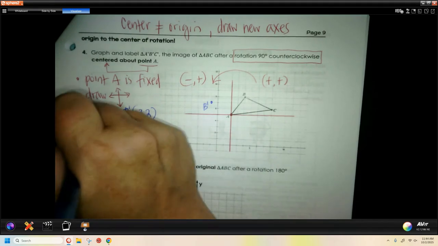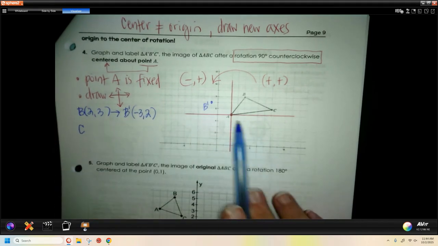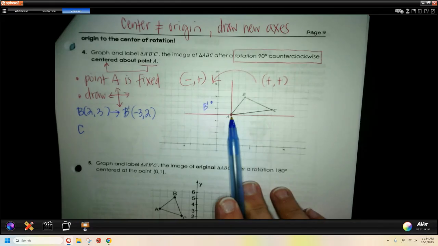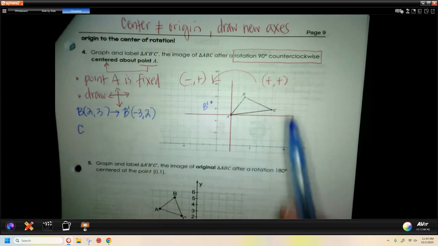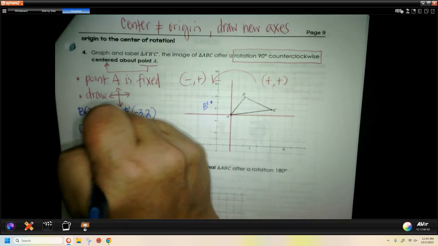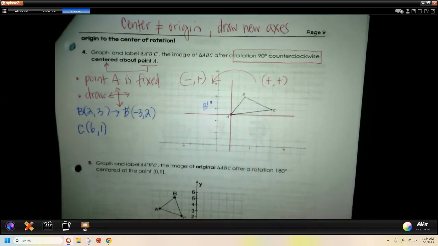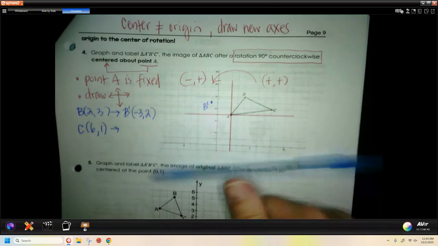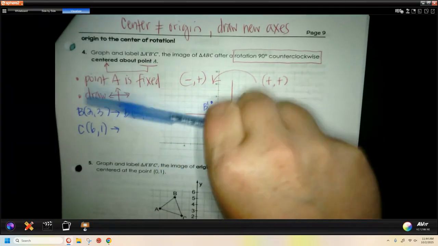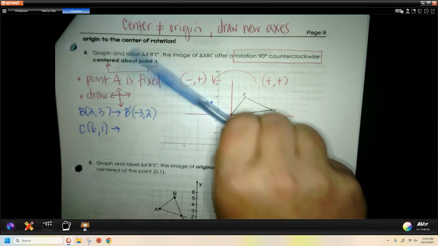Now I'm going to do C. In reference to A, C is 6, comma 1 from A. So in order to go 90 degrees, I don't want to put it way over there. I don't want to reflect it.